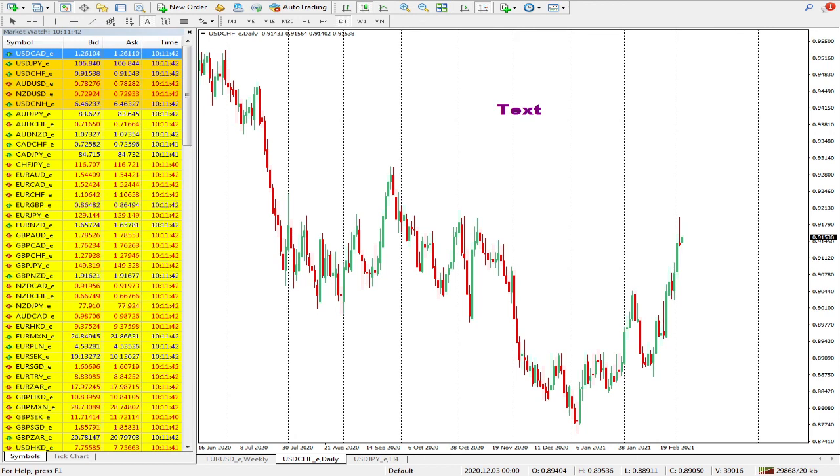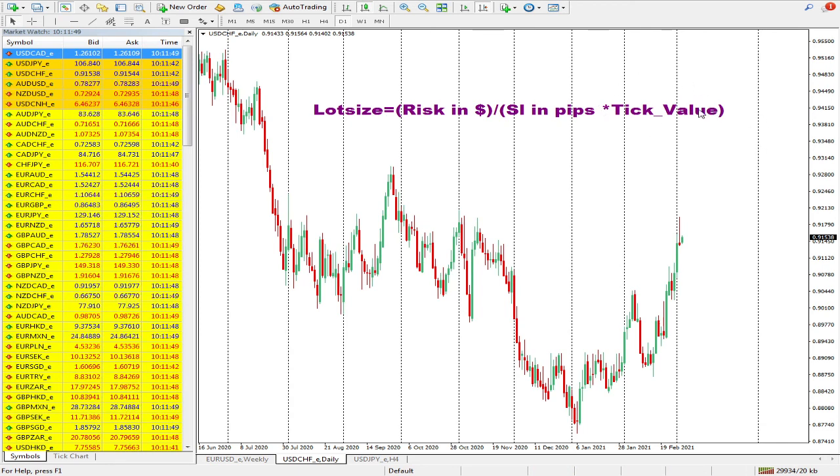Tick value is the value of every single smallest move in the market. If you want to get the lot size, this is how much you're going to risk in dollars, this is how much you want to risk in the stop loss, and this is the value per tick. This is the formula which you use to calculate the lot size.